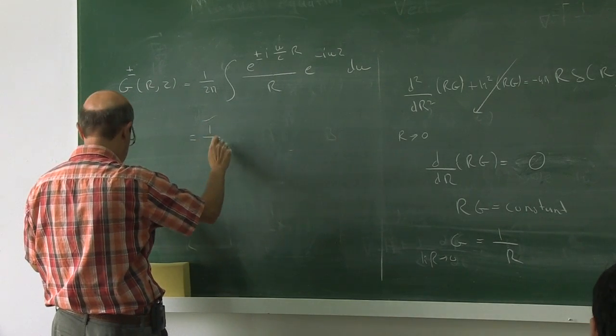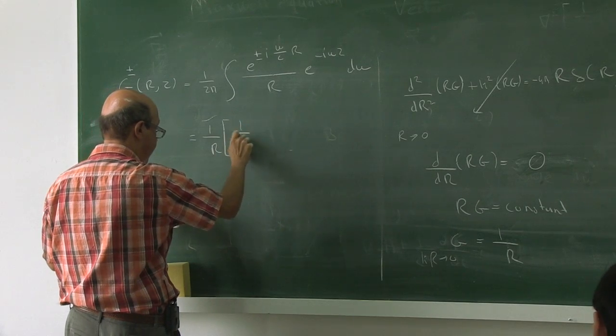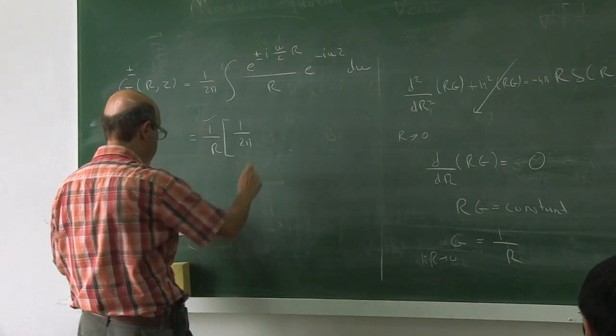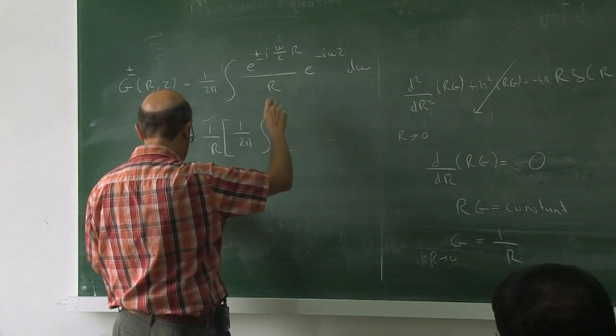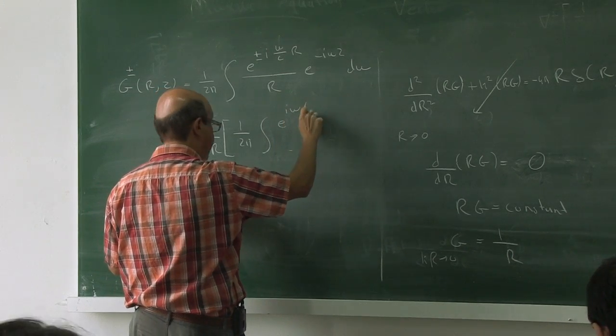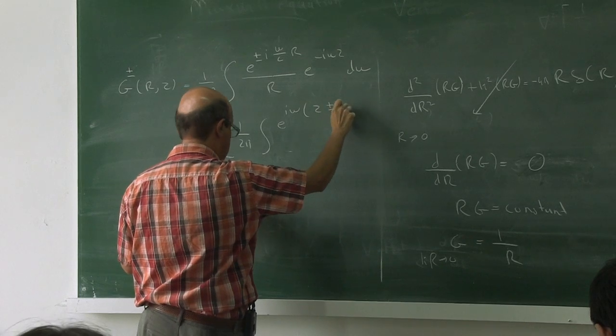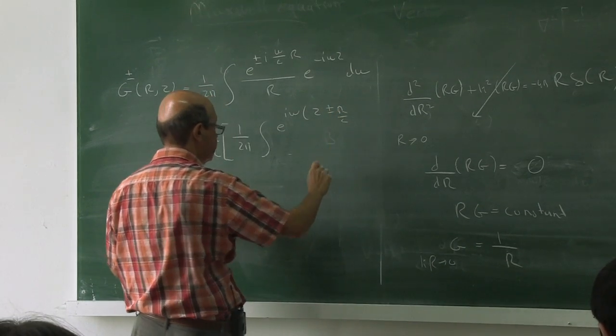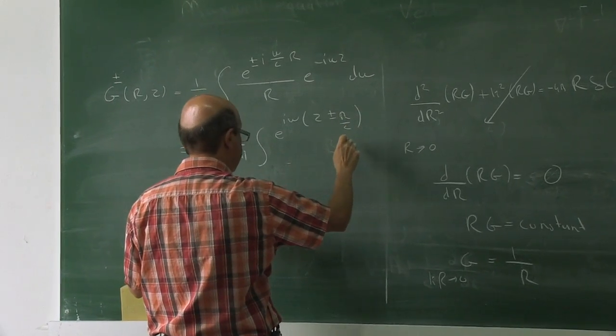So let me go one more step. 1 over R, 1 over 2 pi, and if you combine the terms you will obtain e to the i omega (tau plus minus R over c) d omega.